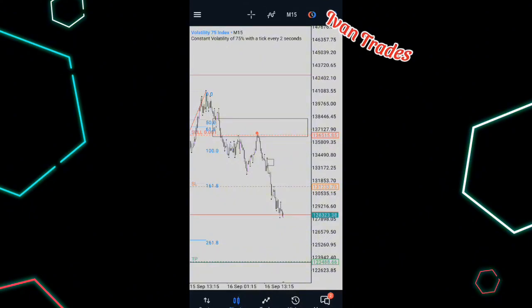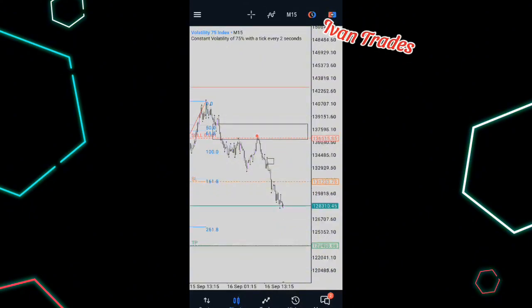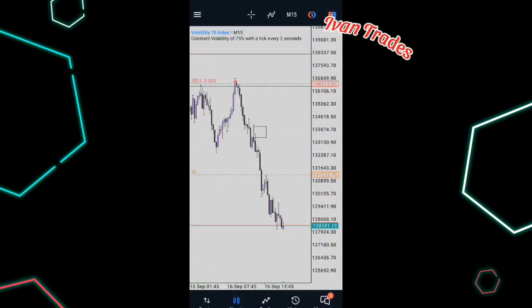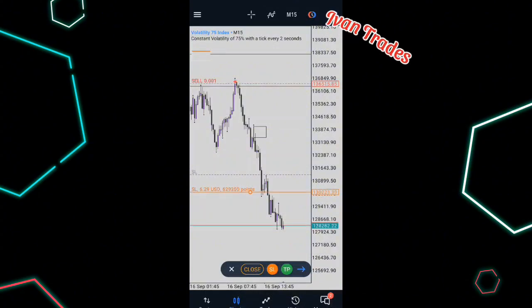We have formed new pivots, and I probably should trail my stop loss a little bit lower to see if we can reach the ultimate target or not. So I'm going to trail my stops above this level because we have started to make a bit of consolidation, and then we will see what will happen after.